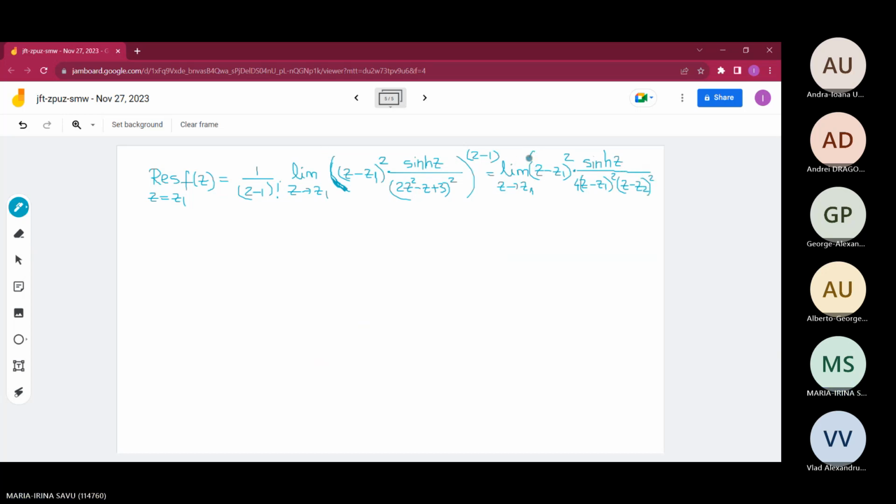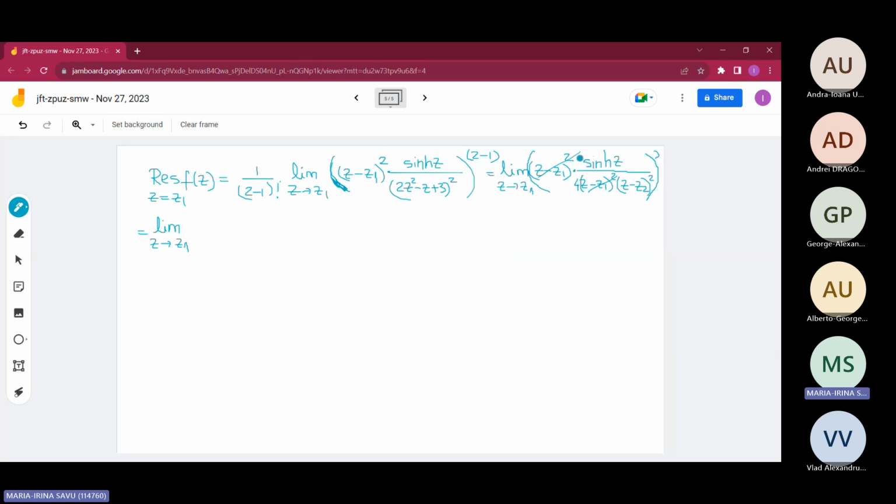This is the function, and to compute the residue I have to compute the derivative of this factor, and I have the limit when z goes to z1. You have a simplification here. Also, 1 over 4 is a constant.